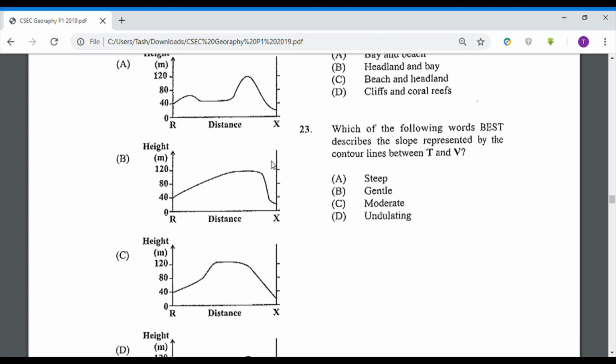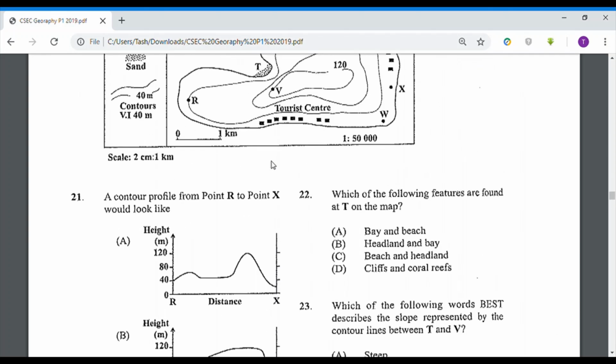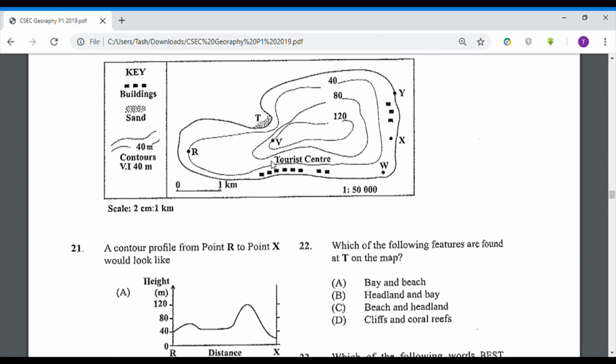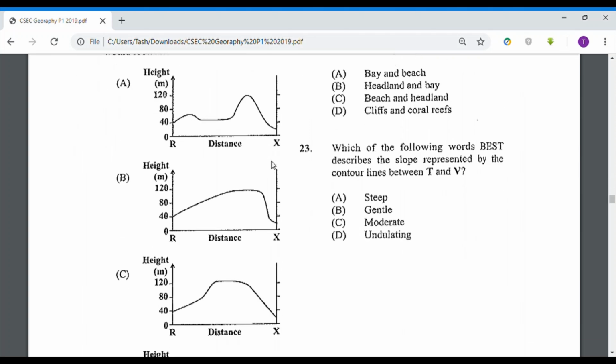For 23, which of the following words best describe the slope represented by the contour lines between T and V? Let us see what the answers are first. Steep, gentle, moderate, and undulating.